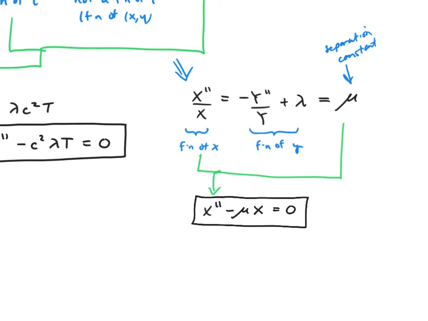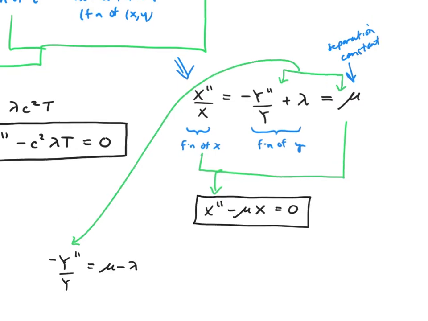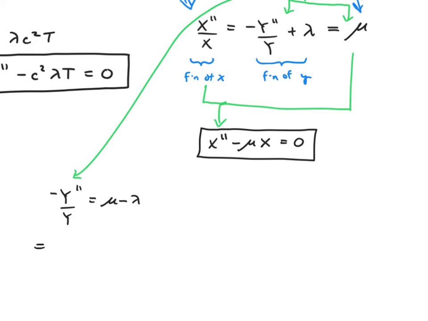And finally, if I look at these two, and let's drag it down here maybe, looking at those two and rewriting that, I get negative Y double prime over Y equals mu minus lambda, or Y double prime over Y equals lambda minus mu.